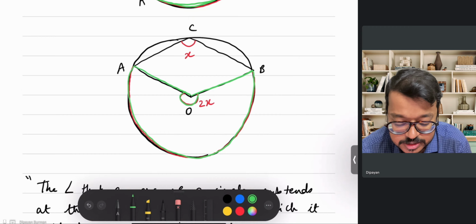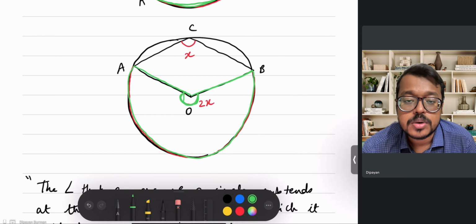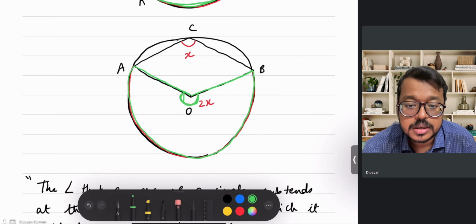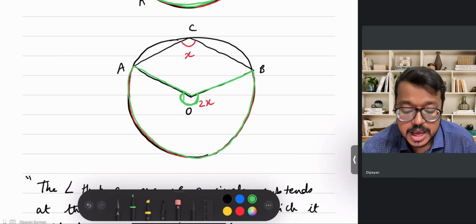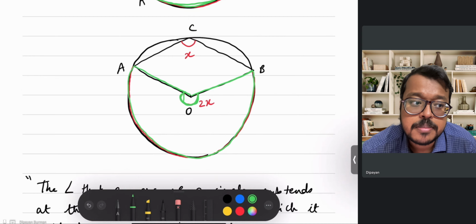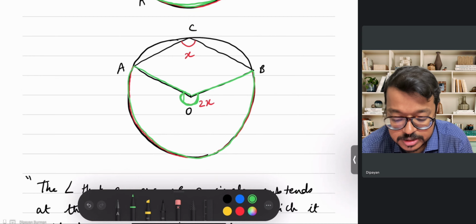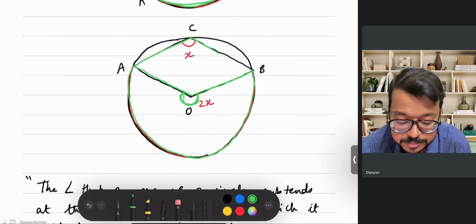Reflex angle is any angle which is more than 180 degrees. Okay, so angle AOB in this case is reflex, and then the angle subtended by the same major arc AB at the remaining part of the circle in this situation is angle ACB.